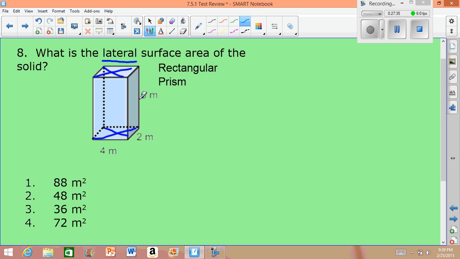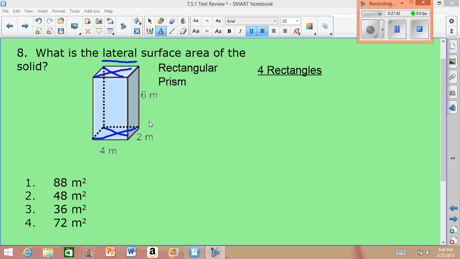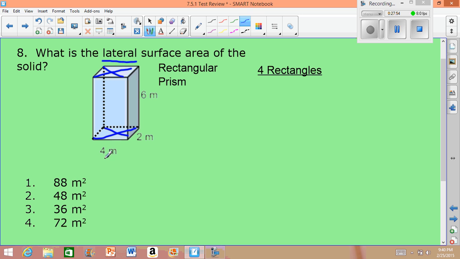When we have a rectangular prism, if it's not a net, then you have to remember what the measurements are that we need. So we're going to be looking for 4 rectangles because we are not including the matching bases that are top and bottom.